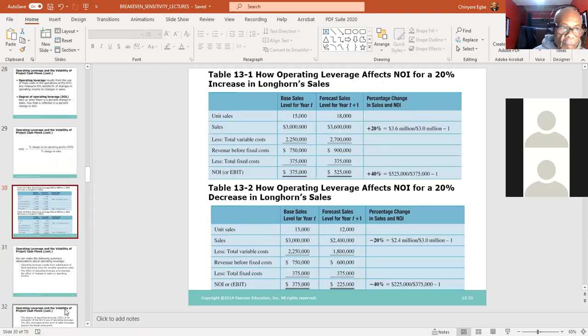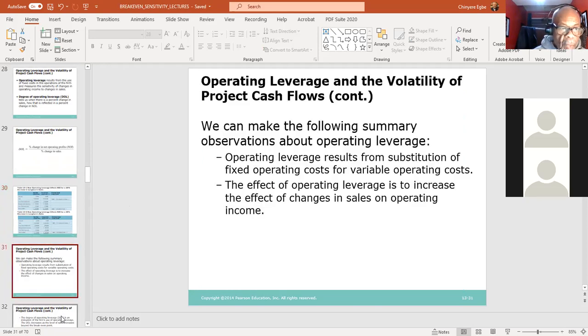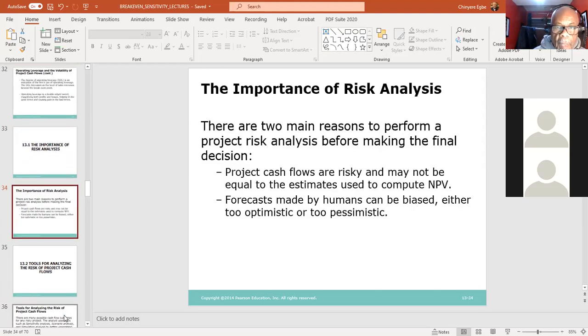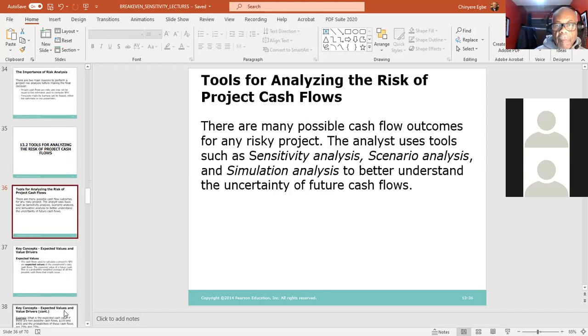Now, the next thing that I really wanted to get into is sensitivity analysis, which is a way to look at the riskiness of a project. There are two kinds of analysis we're going to do in terms of risk. One is sensitivity analysis, and the other is scenario analysis.